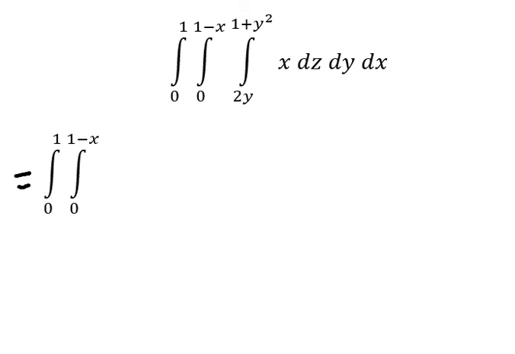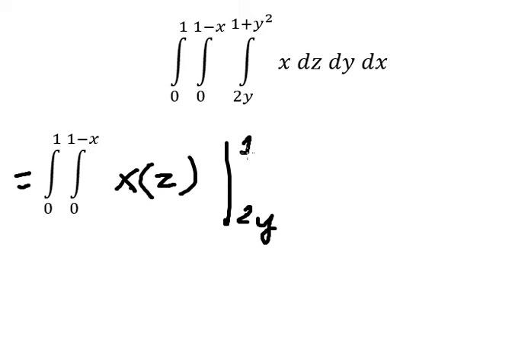The integration of dz, we have z, and we put the bounds from 2y to 1 plus y squared. So I will put this one gone here and this one gone here.